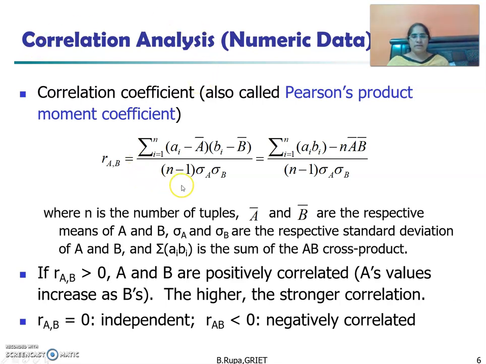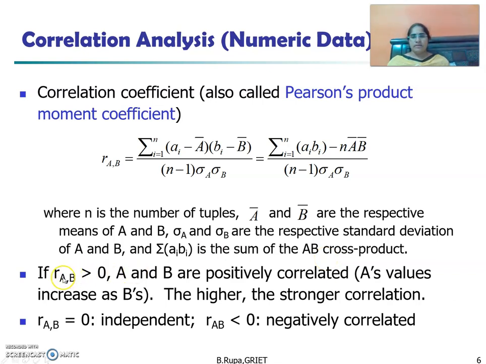Observe this formula: r of A,B is equal to the sigma of (Ai minus A bar)(Bi minus B bar) by (N minus 1) times the standard deviation of A and the standard deviation of B. Here N is the number of tuples, A bar and B bar are the respective means of A and B, the standard deviations of A and B are the respective standard deviations, and sigma of AiBi is the sum of the AB cross products.